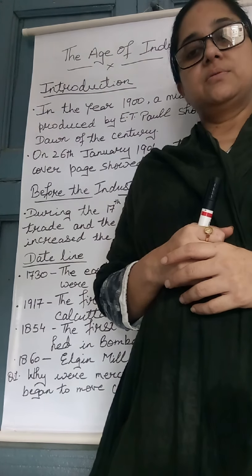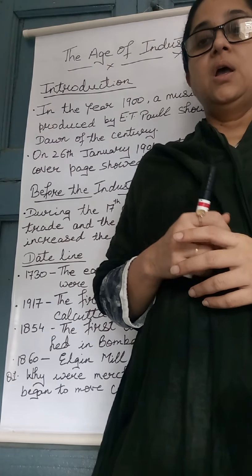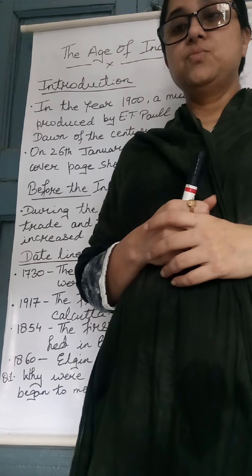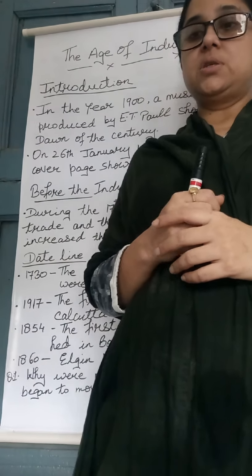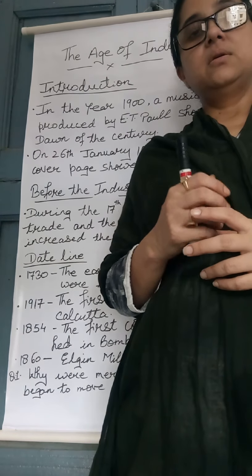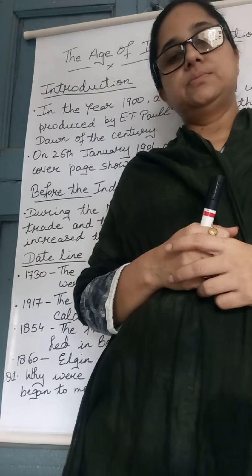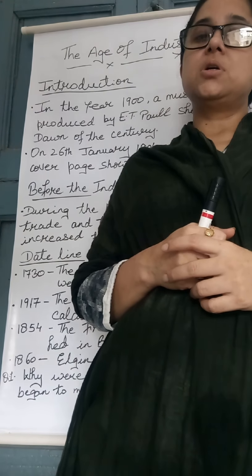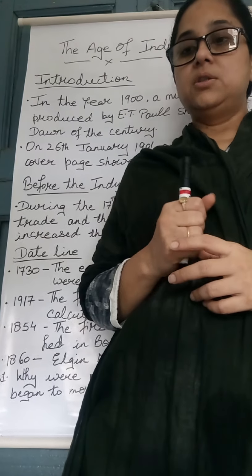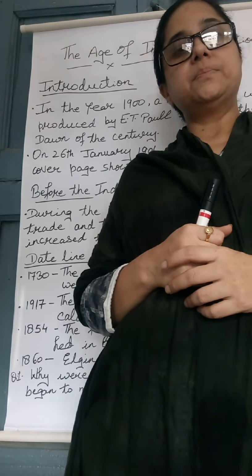On 26th January 1901, a trade magazine cover page showed two magicians to glorify machines and technology. At the top of this picture is Aladdin, and the modern machine is at the bottom.